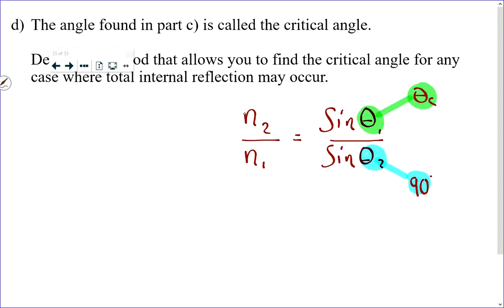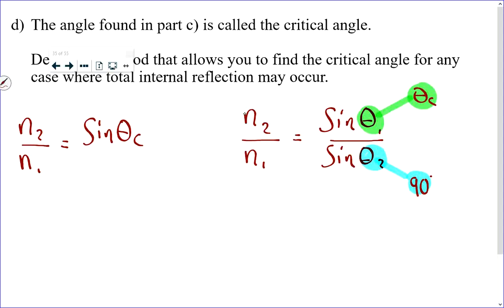That's what we do. We take Snell's law and we rewrite it as n2 over n1 equals sine of the critical angle, because sine of 90 degrees is 1. And that's that 1 we were talking about when we go 1 divided by 1.65.